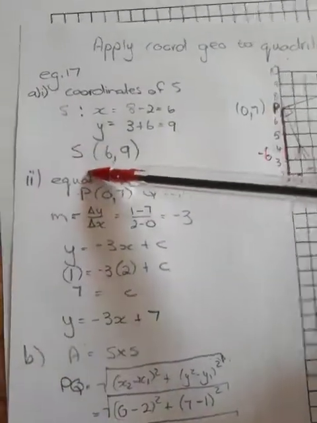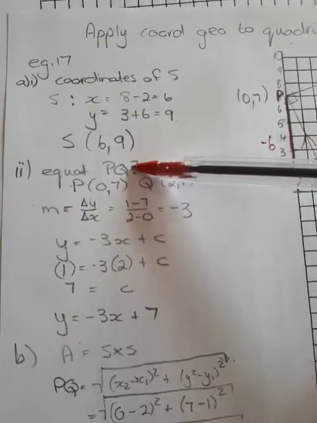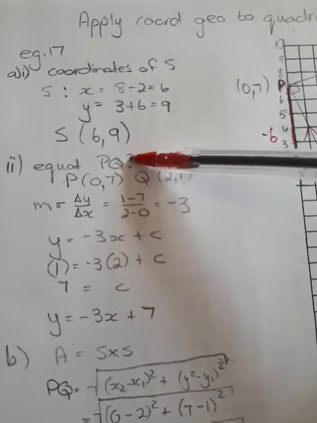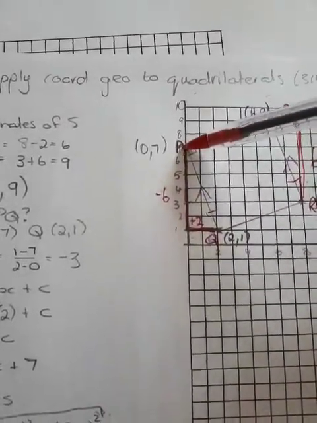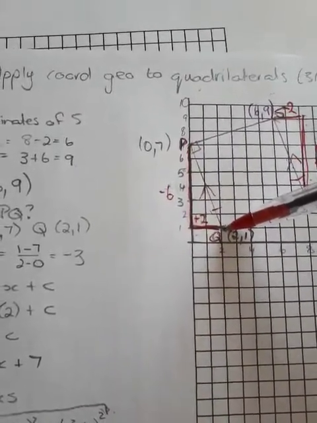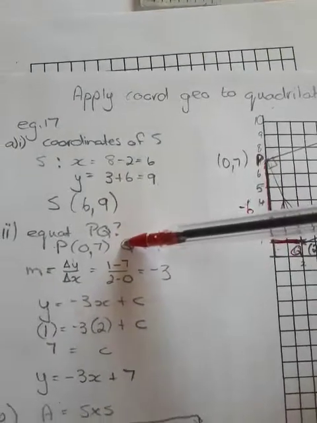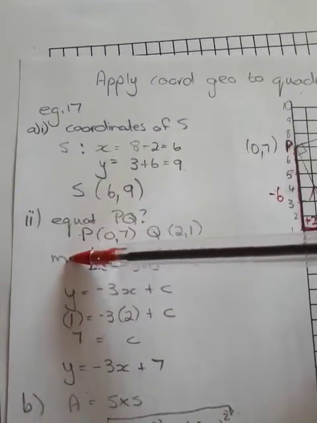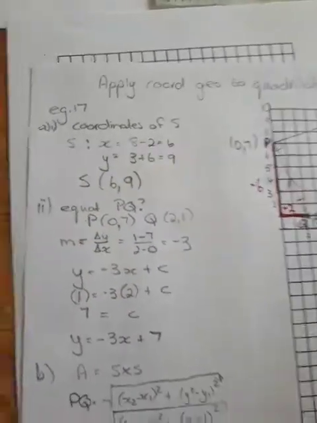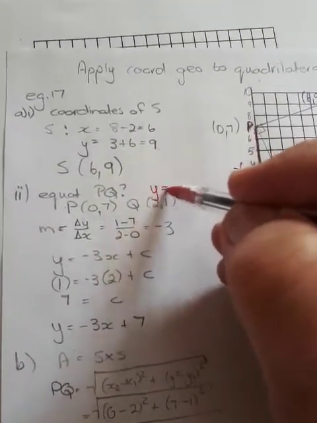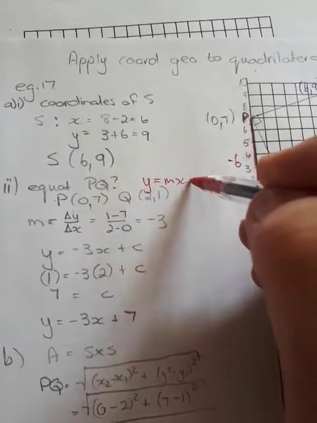Then the second question here is to find the equation of PQ. Now remember, to find the equation of PQ, look at what we have. We have 2 coordinates. And when we have 2 coordinates, people, we first need to find the gradient. That you must remember. To find an equation, we are working with y equals mx plus c.